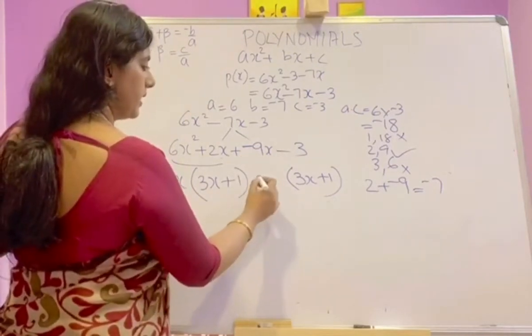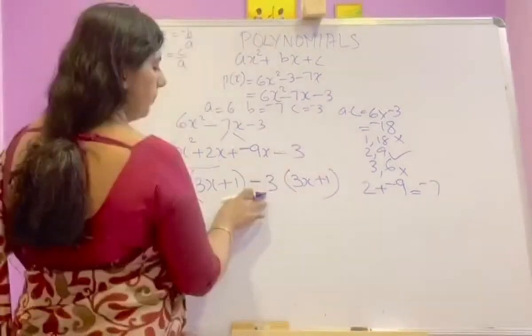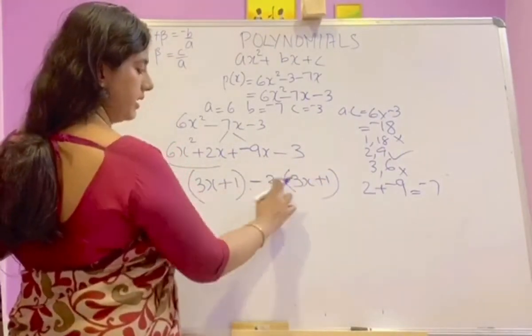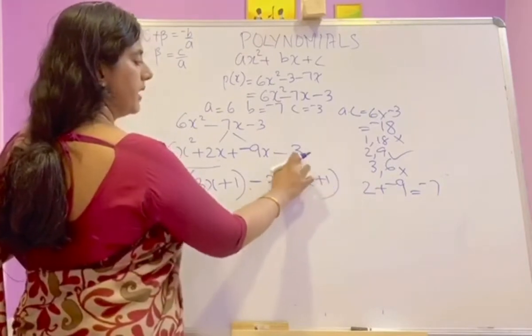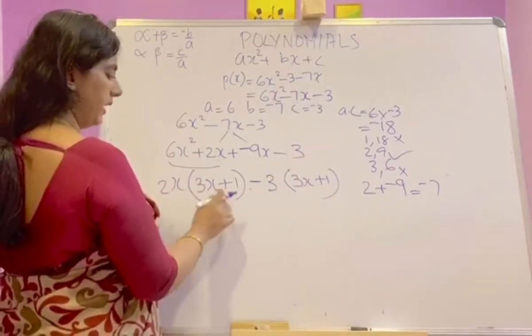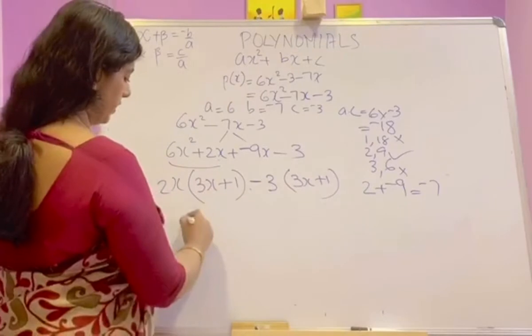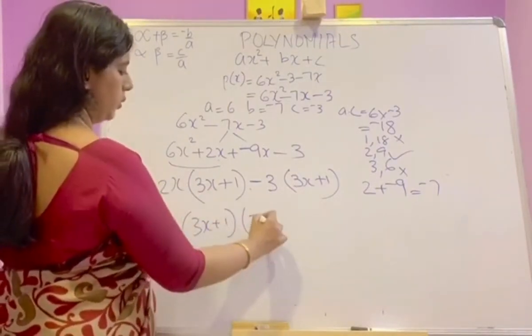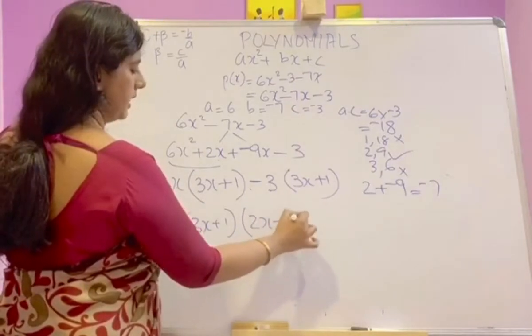What will be the answer? Minus 3. Minus 3 into 3x is minus 9x. Let us check this. Minus 3 into 1 is minus 3. Now from these, this bracket is taken common, 3x plus 1. Here it will be 2x and here from this negative 3.